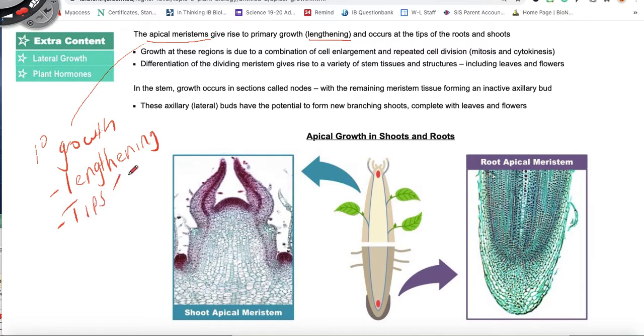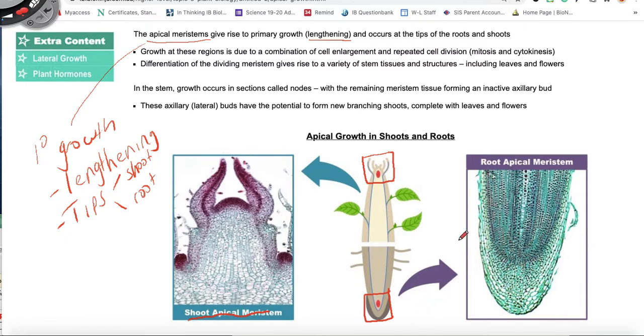And we have tips at the shoot and we have tips at the root. So right here, you're looking at the shoot apical meristem. This is a micrograph of this region right here. And here you're looking at the root apical meristem, or that region right there.